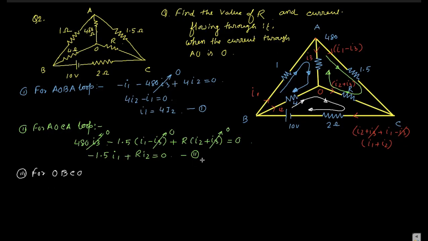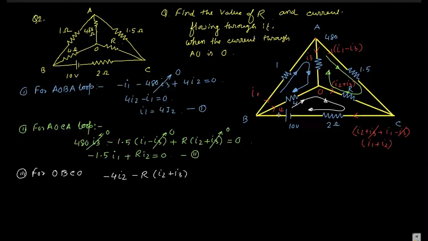Okay, so here for BOB, I2 and the path are in the same direction, so there is the minus 4 I2. Again for OC, the direction of the current and the direction of the path are the same, so there is a potential drop, minus R into (I2 plus I3).